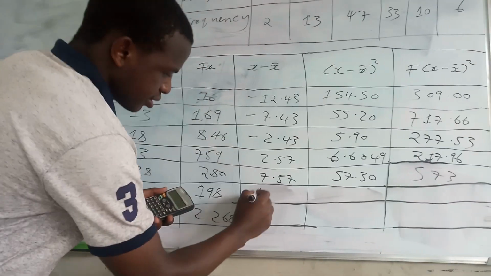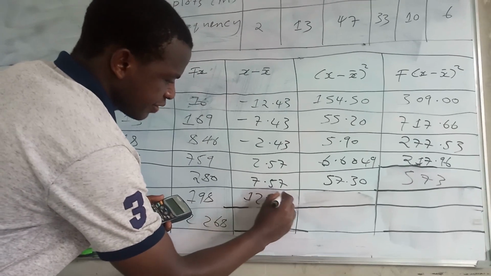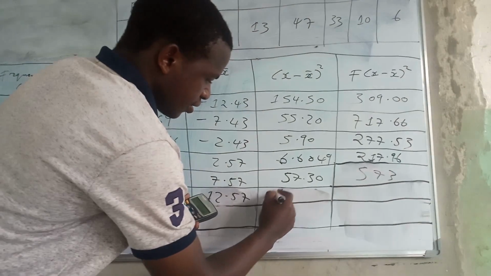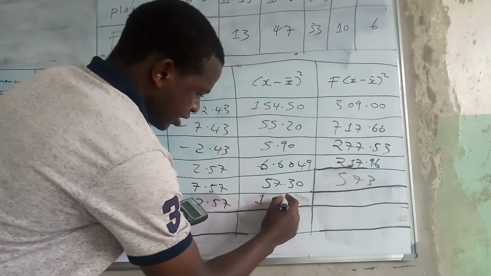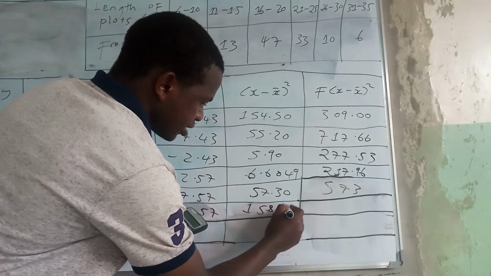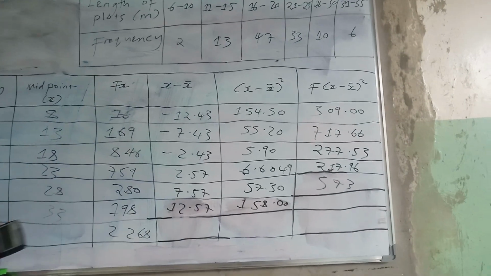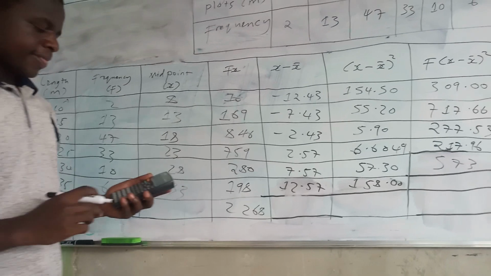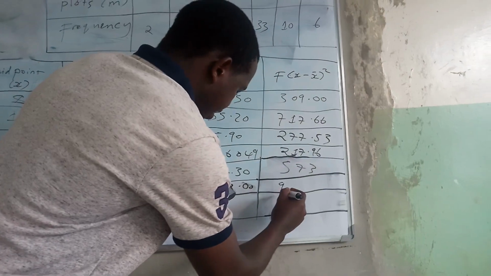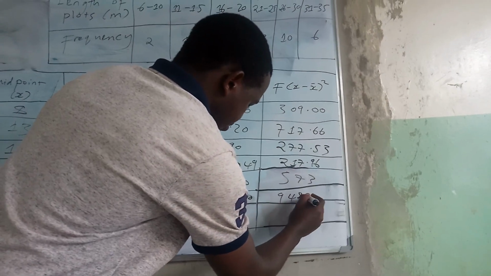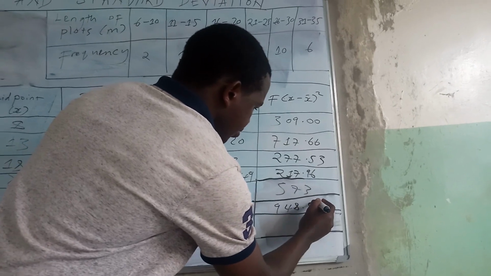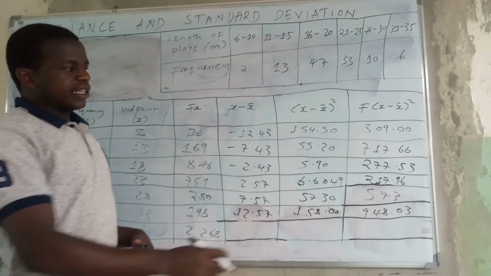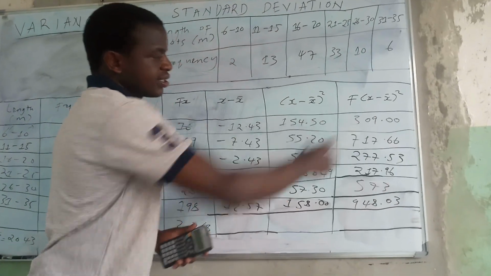gives 12.57. Squared, I'm having 158.00, multiplied by the frequency, which is 6. So I'm having 948.03. The next thing that I'm going to do is calculate the total of this column.